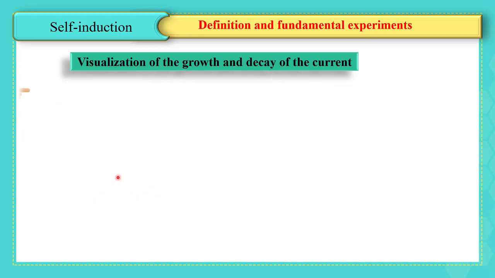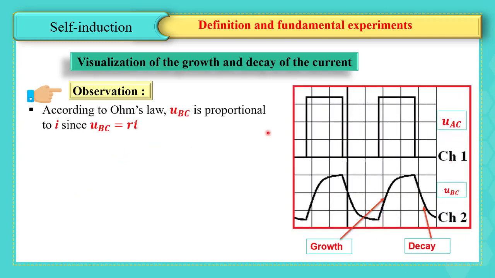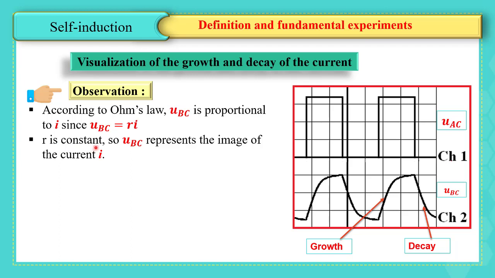Now, as we know, the oscilloscope visualizes the voltage and not the current. So in order to visualize the current, we always connect the oscilloscope across the resistor, since according to Ohm's law, UBC, which is the voltage across the resistor, is proportional to I, since U equals Ri, and R, as we know, is a positive constant.